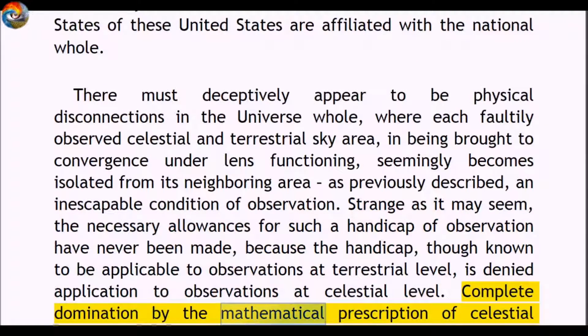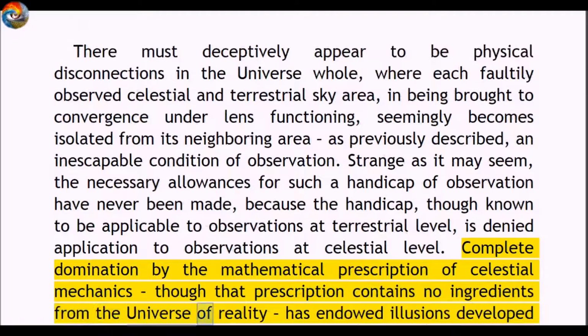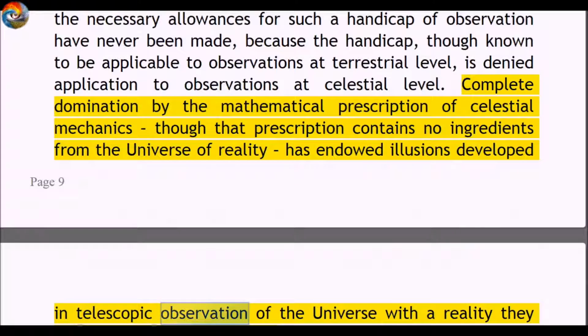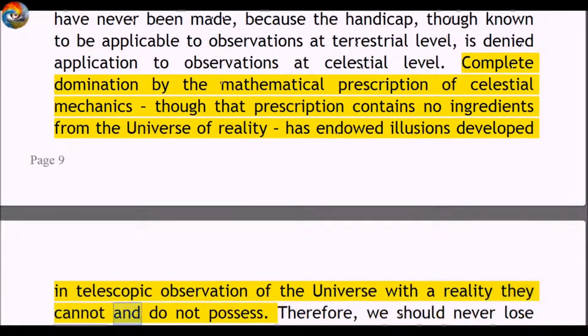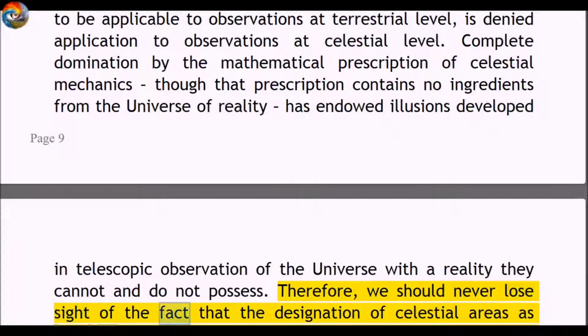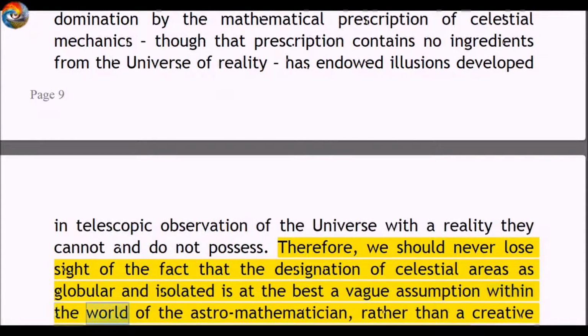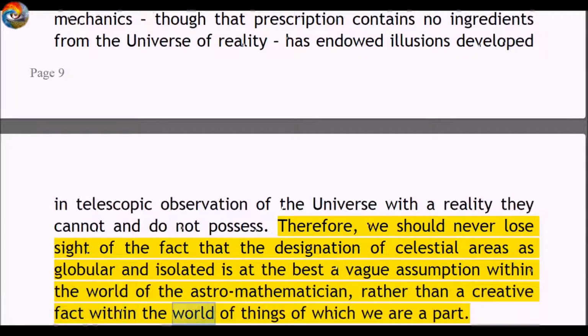Complete domination by the mathematical prescription of celestial mechanics, though that prescription contains no ingredients from the universe of reality, has endowed illusions developed in telescopic observation of the universe with a reality they cannot and do not possess. Therefore, we should never lose sight of the fact that the designation of celestial areas as globular and isolated is at the best a vague assumption within the world of the astro-mathematician, rather than a creative fact within the world of things of which we are a part.